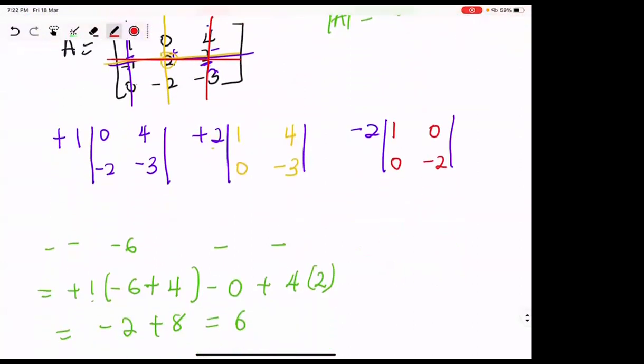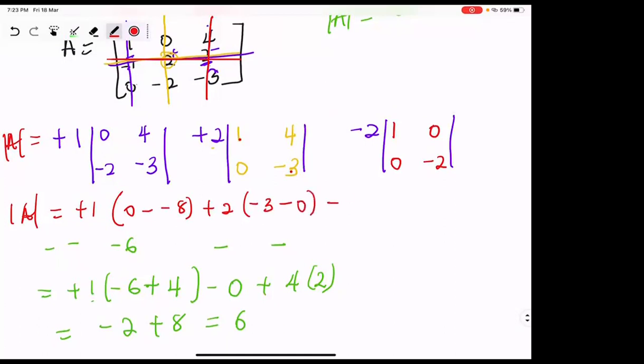Right, so the determinant of A is +1 times the determinant of these two by 2 minor matrices. We have 0 times -3, that is 0, minus 4 times -2, that is -8, plus 2 into brackets, 1 times -3, that is -3, minus 4 times 0, that is 0, -2 out, 1 times -2, that is -2, minus 0 times 0, that is 0.